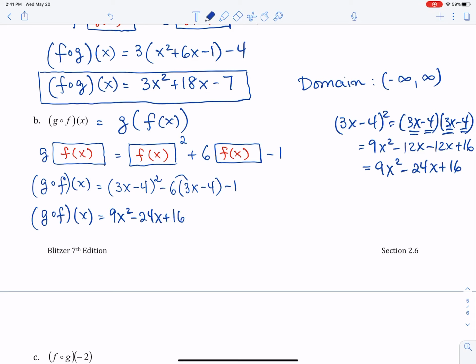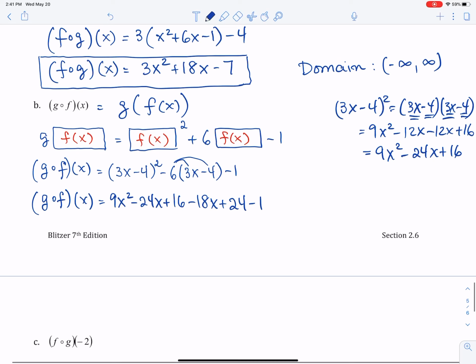And then I'm going to distribute the 6: 6 times 3 is 18x minus 18x, and 6 times negative 4 is positive 24 minus 1. And finally, g of f of x upon simplification is going to be 9x squared minus 24 minus 18.